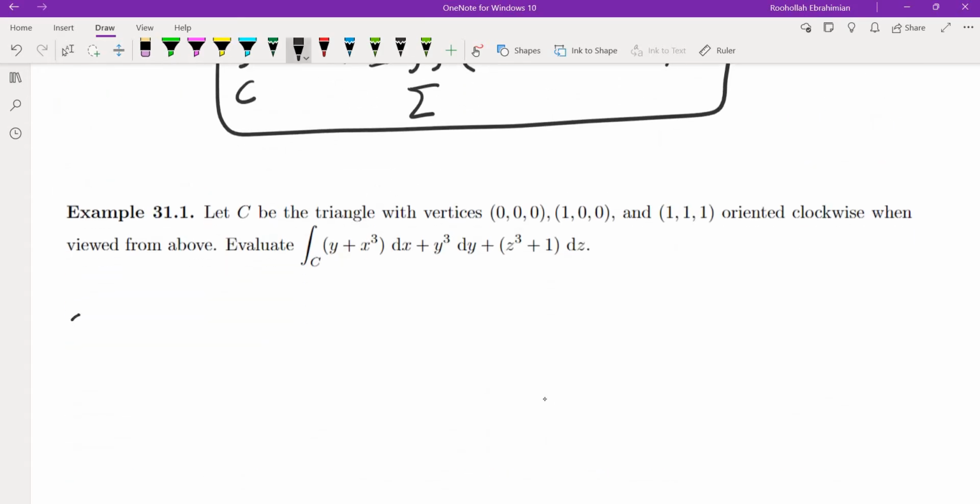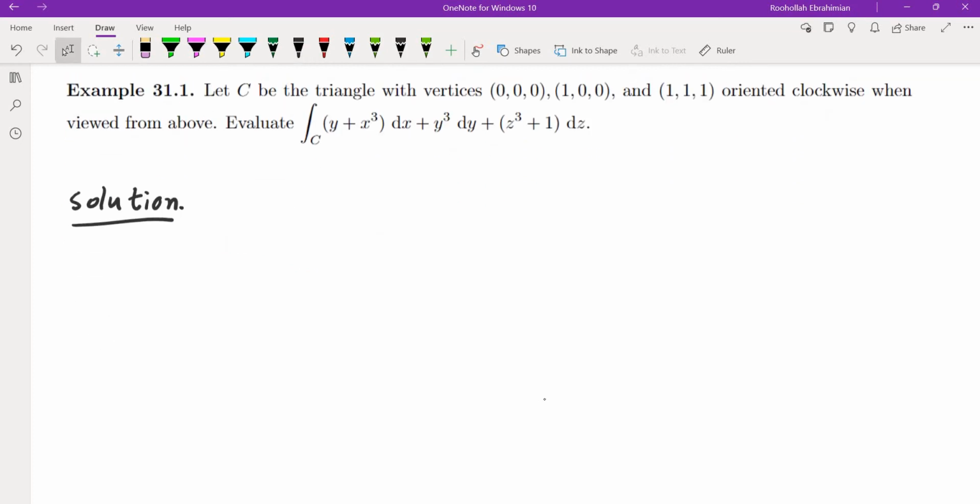Now we will do a few examples on this. The first example: let C be the triangle with vertices (0,0,0), (1,0,0), (1,1,1). We're going to graph this one first. It's a triangle. The vertices are the origin, (1,1,1) and (1,0,0).